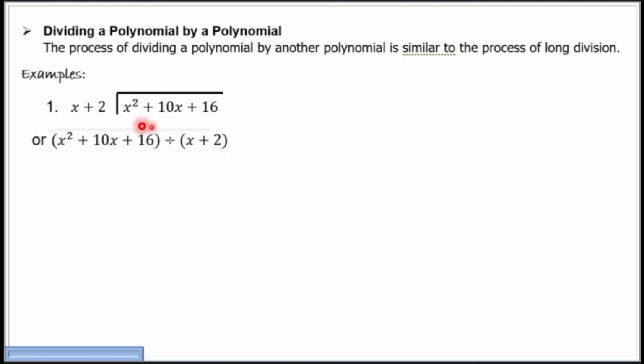Number 1 example. x squared plus 10x plus 16 divided by x plus 2, or the quantity of x squared plus 10x plus 16 divided by the quantity of x plus 2.